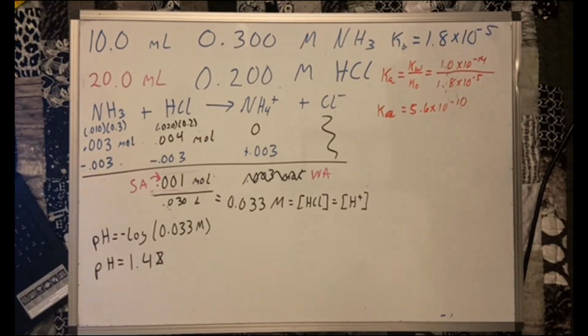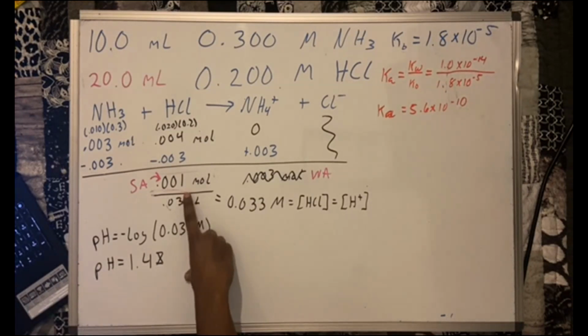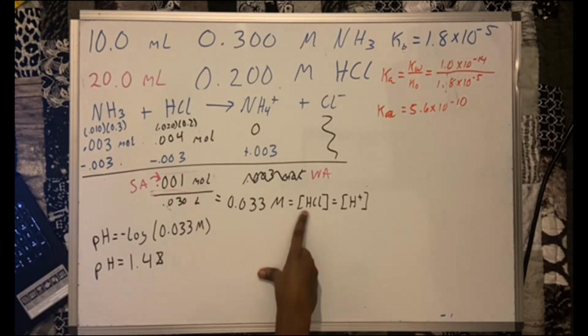How wrong is that, guys? Why didn't you plug it into an ice table? This is a strong acid, right? It's going to completely dissociate, right? Our ice tables are for our weak things. Remember?